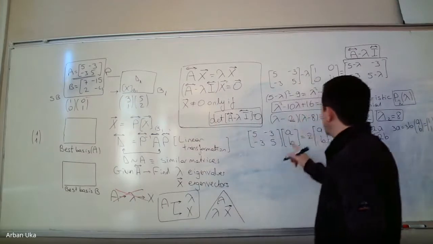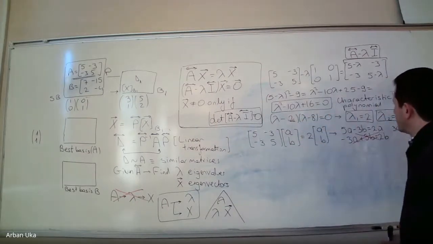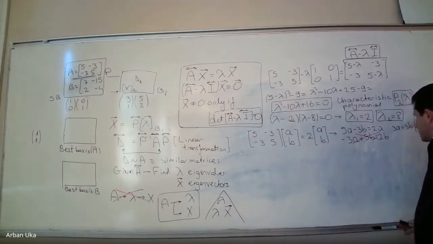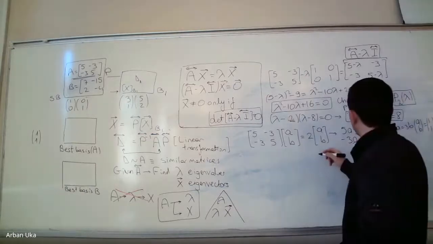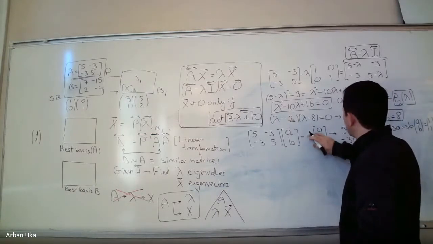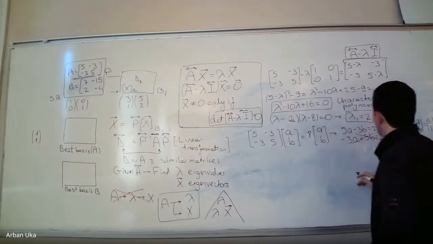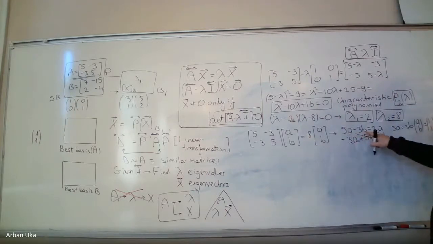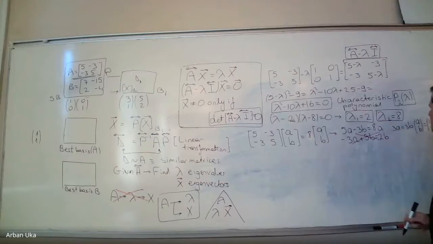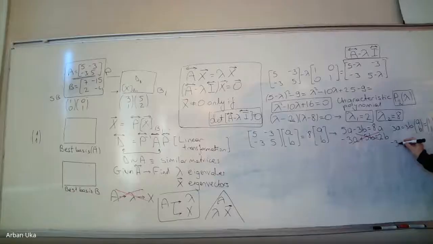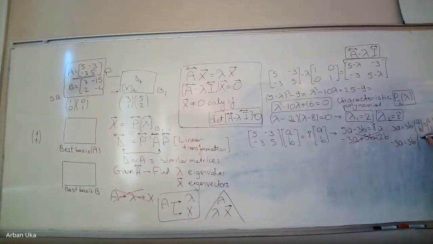So let's try to identify the same expression for lambda equal to 8. Instead of having 2 here, let's put an 8. Then here we have 5a minus 3b equals 8a. So then what is the next equation? Minus 3a equals 3b. So what is the pair of a and b?